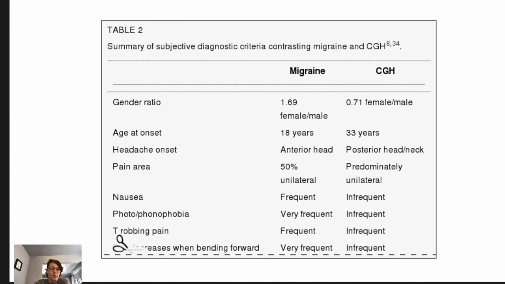Age at onset, you see a little bit of difference there. The headache onset may start in the front of the head for migraine, and usually for cervicogenic it starts somewhere on the posterior cranium or the neck and then can travel to the front. And we talked about some of those other accompanying signs like nausea, sensitivity to light or sound.